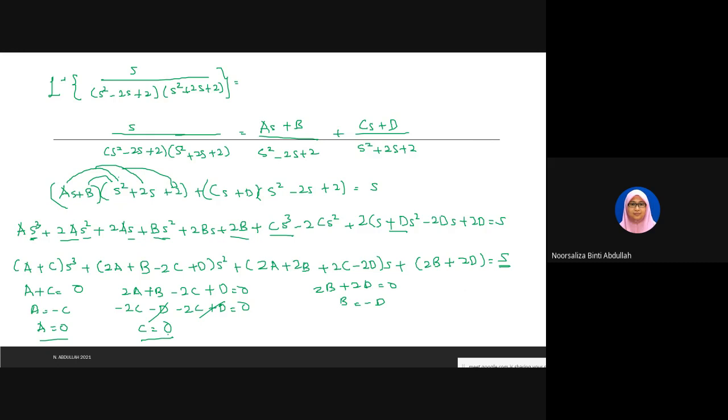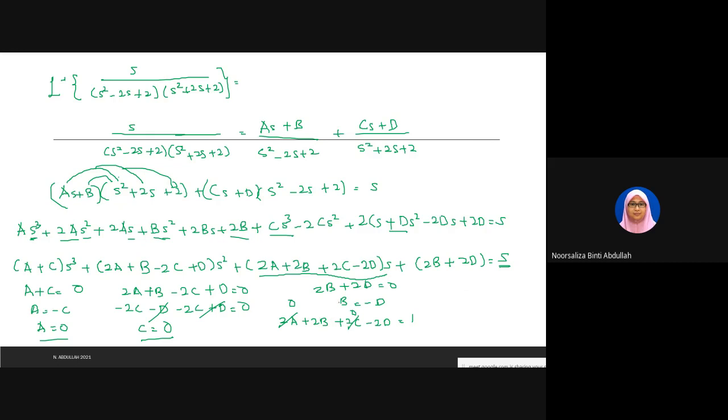Okay, now A dengan C is 0. So kita tengok yang ini. This one, you have 2A plus 2B plus 2C minus 2D equals to 1, because sini S kan, so S is 1. A you know is 0, C 0.